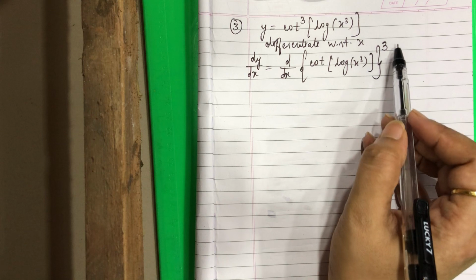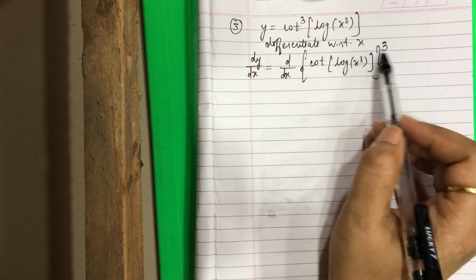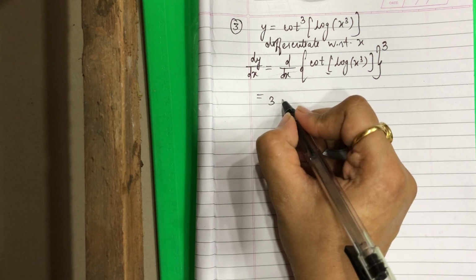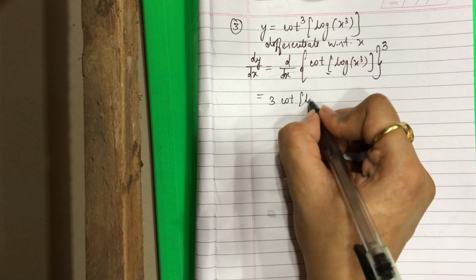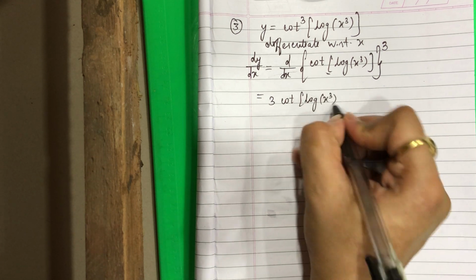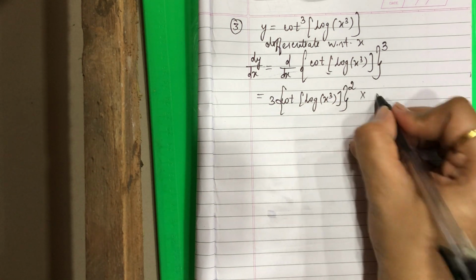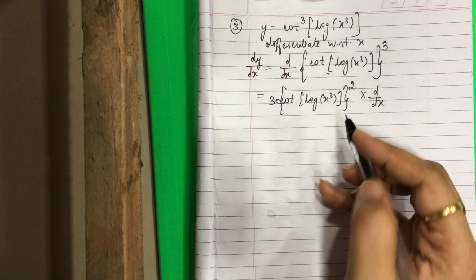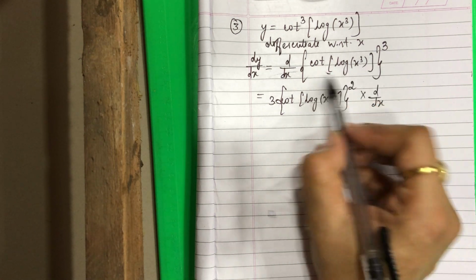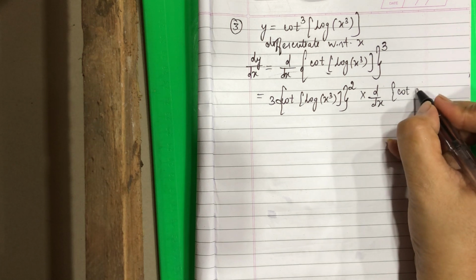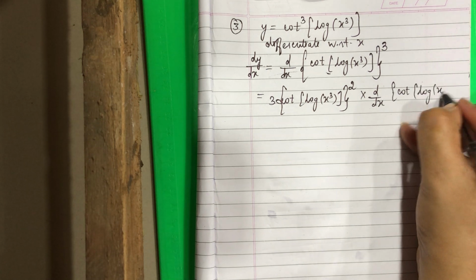So here we can apply the formula for the power n. This gives you 3 cot log x cube whole square into d by dx of your function. That function inside the bracket is cot log x cube.